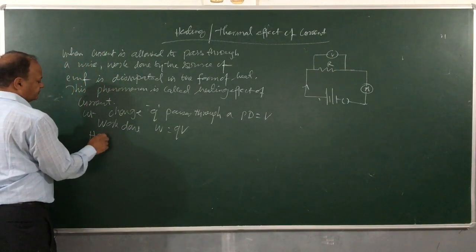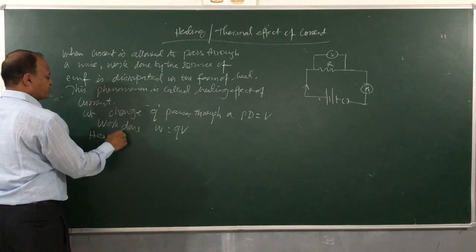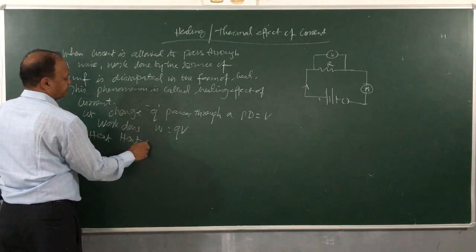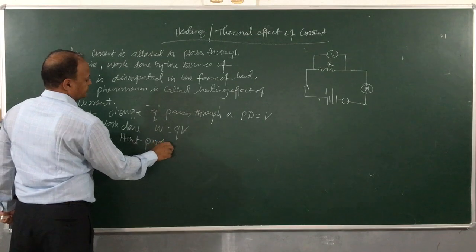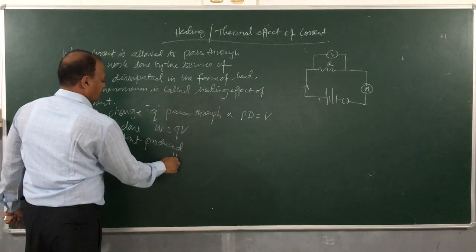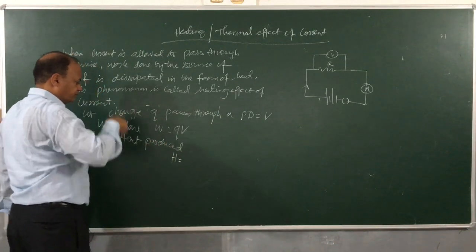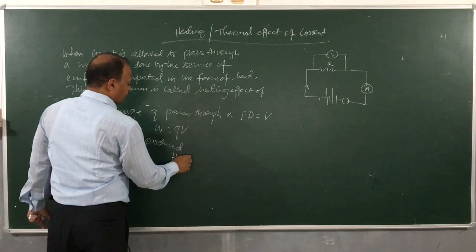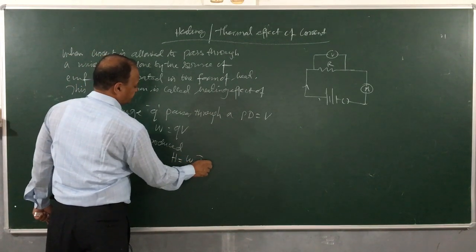Hence, heat produced H is equal to W joules.